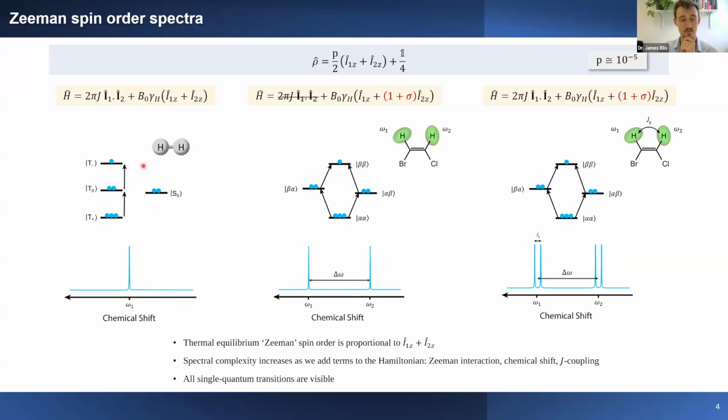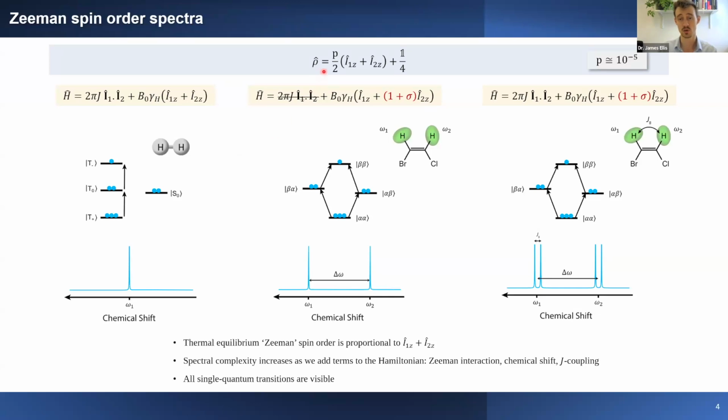And so in this case, we have 4 states that can be populated. And if our initial density operator corresponds to just thermal equilibrium magnetization in a magnetic field, we have some distribution of population between the states. And if we were to take an NMR spectrum, we see the hydrogens at a single resonance frequency. We have a single line in the spectrum.